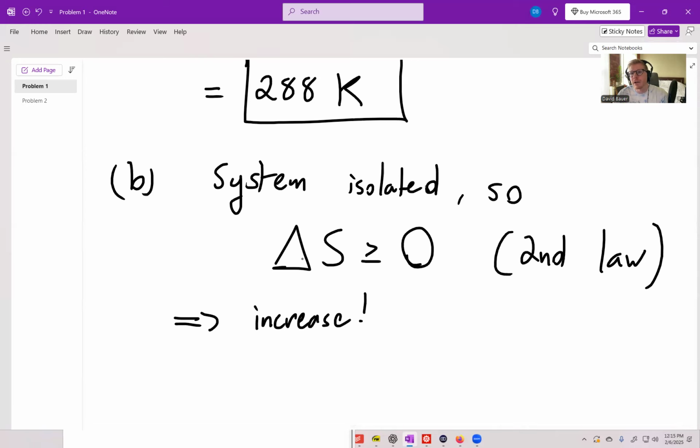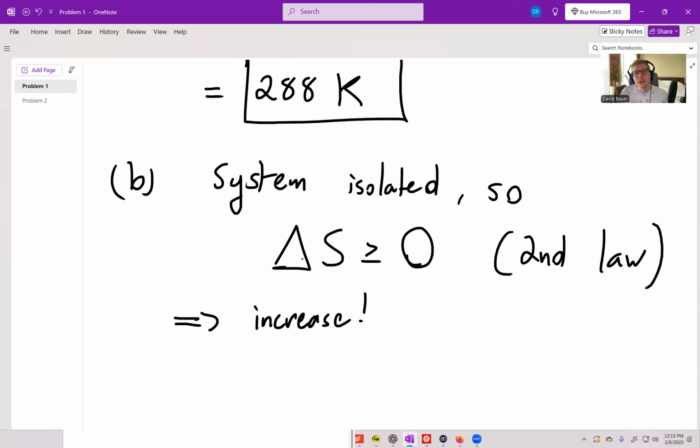If we think about it a little bit more in terms of what the actual process taking place here is, well, this is a heat flow, right? It's the spontaneous flow of heat from the water to the ice and the melting of the ice. And that's an irreversible process, right? A spontaneous heat flow is always irreversible. And in an irreversible process, the entropy goes up, okay?